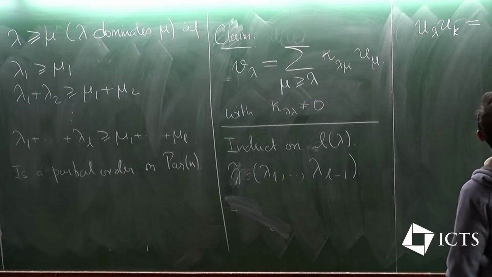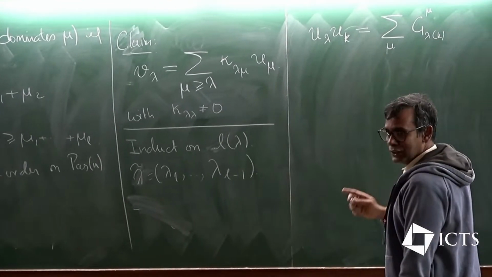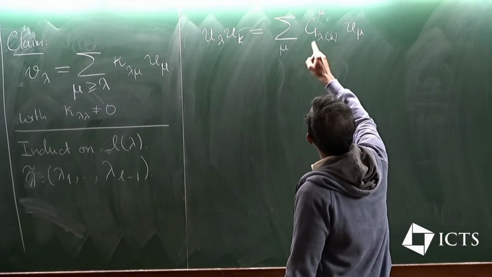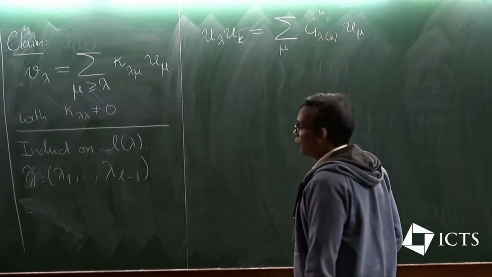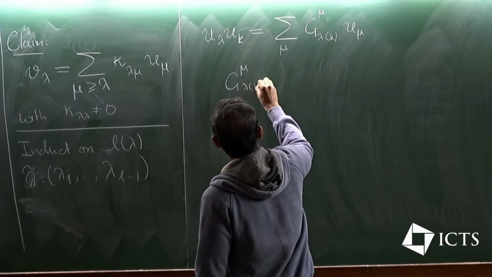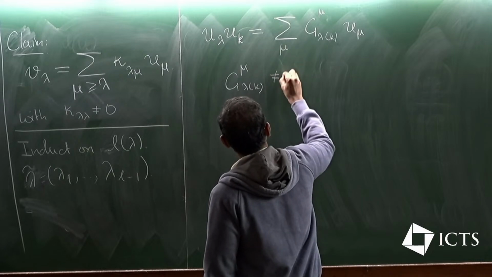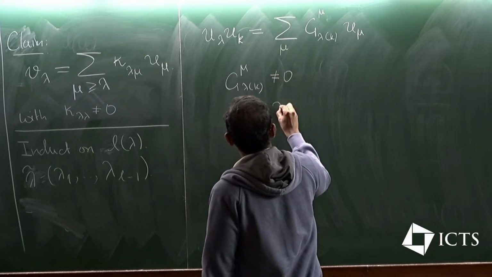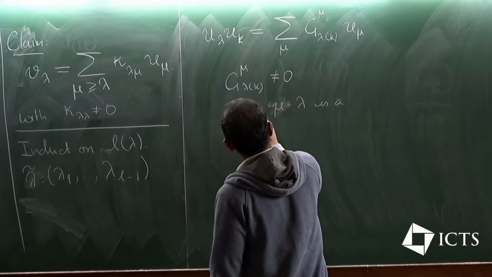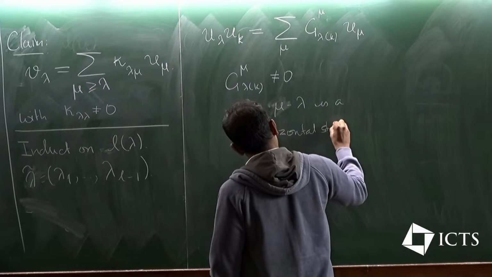Remember here we have G mu lambda K, by the definition of the structure constants, times U mu. But what do we know about the positivity of this thing? Well, G mu lambda K is non-zero if and only if mu minus lambda is a horizontal strip of length k.